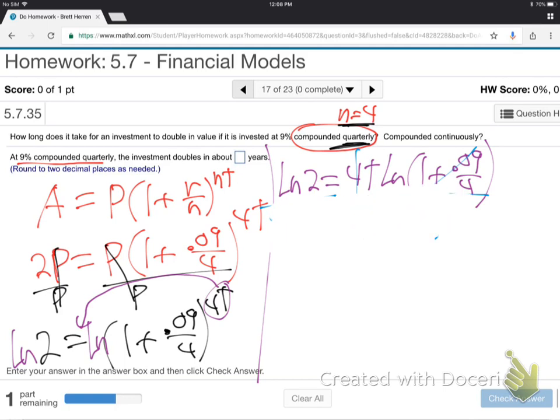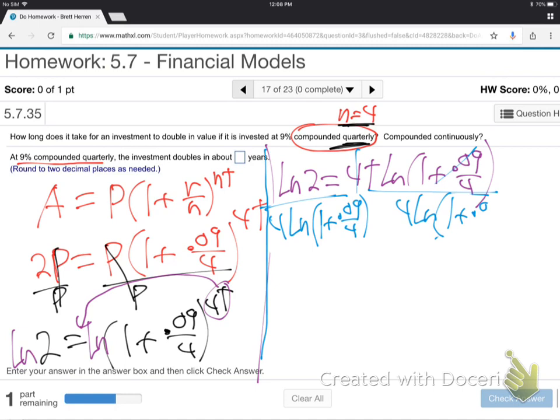So we're dividing both sides by 4 ln 1 plus 0.09 over 4. And so there's my answer. I just got to type it into the calculator now.